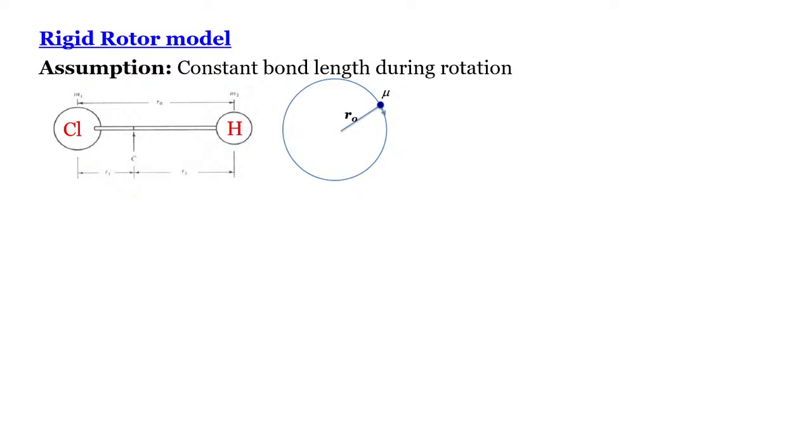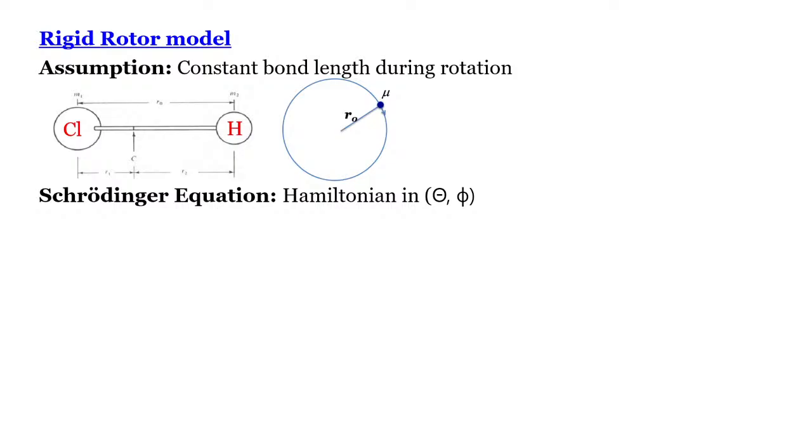So it is simplified and made a one-body problem in which the mass of the two atoms is replaced by their reduced mass. And the way I remember reduced mass is 1 by mu equal to 1 by m1 plus 1 by m2. And it is considered to rotate around a massless center with a radius of r0, where r0 is the equilibrium bond length.